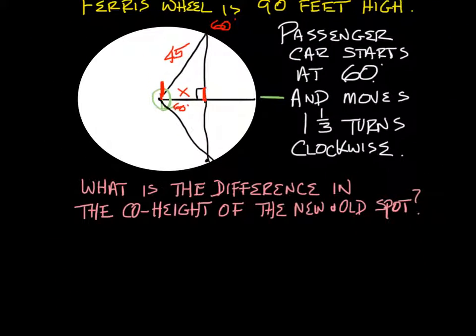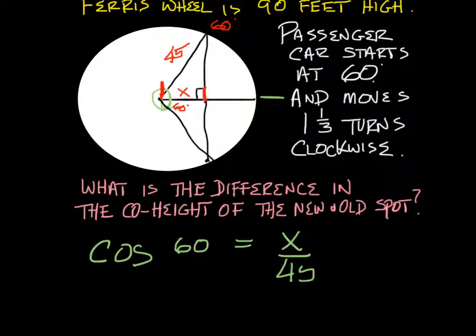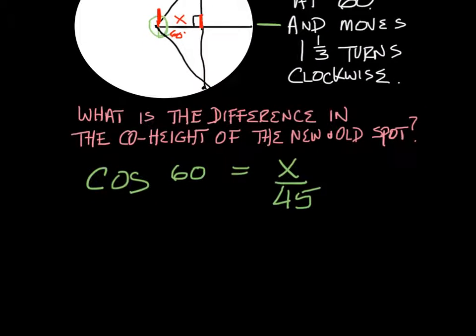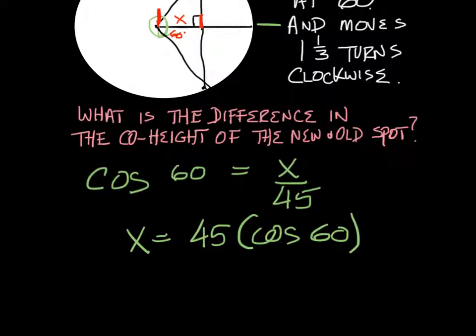So I would have to do cosine of 60 degrees equals x over 45. That is the same thing as x equals 45 times the cosine of 60. So cosine 60, and then multiply it by 45, and come up with 22.5.